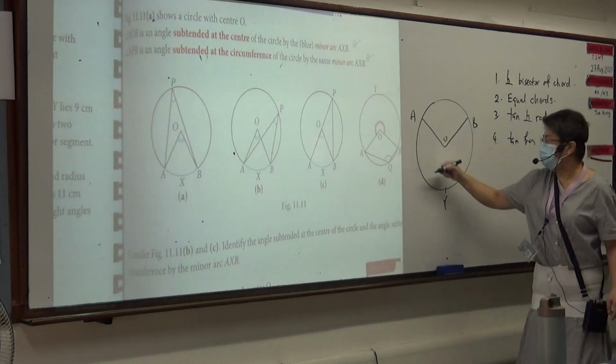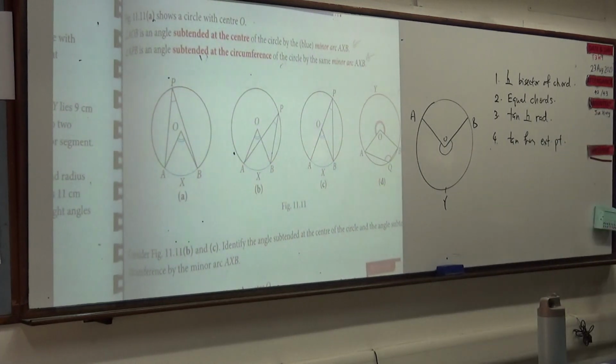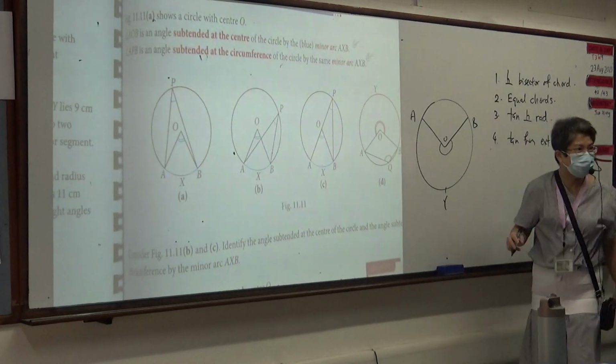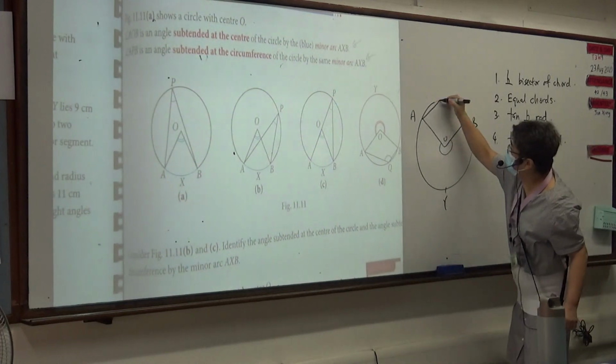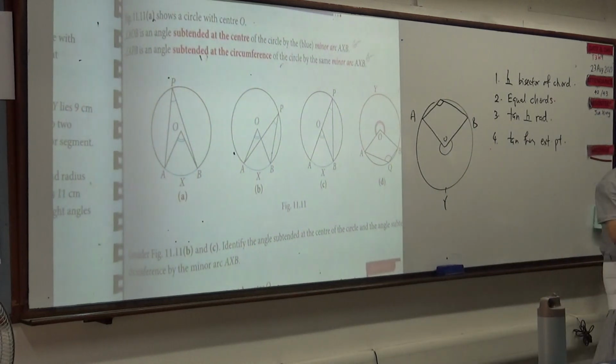If I want AYB, this will be the angle subtended at the center. Alright. Where will be the angle subtended at the circumference? It will be this one. Can you see? Subtended means it must be starting and ending at the same point. Everybody clear with what I'm saying? I'm saying a few times because sometimes we get confused. Everybody okay? Alright, now let's take a look at the next part.